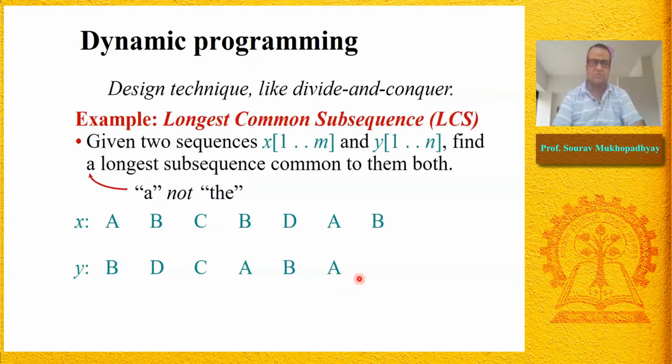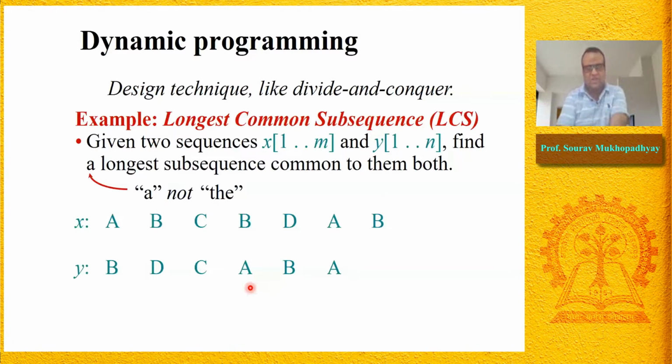Suppose AB is a subsequence of x. Also, AB is a subsequence of y. So AB is a common subsequence of both x and y. What is the length of this subsequence? Length is 2.